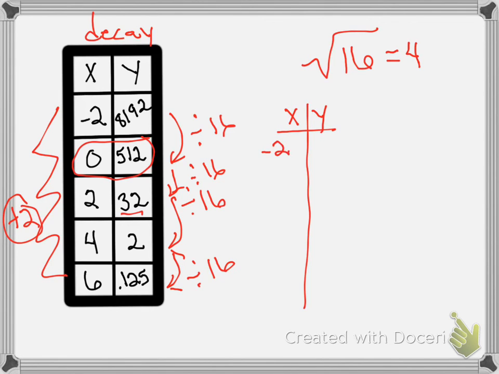So if we were to fill out some of the missing values in that table, negative 2 is at 8,192. If we wanted to figure out what the y value was when x was negative 1, we would just say 8,192 divided by 4, which is 2,048.